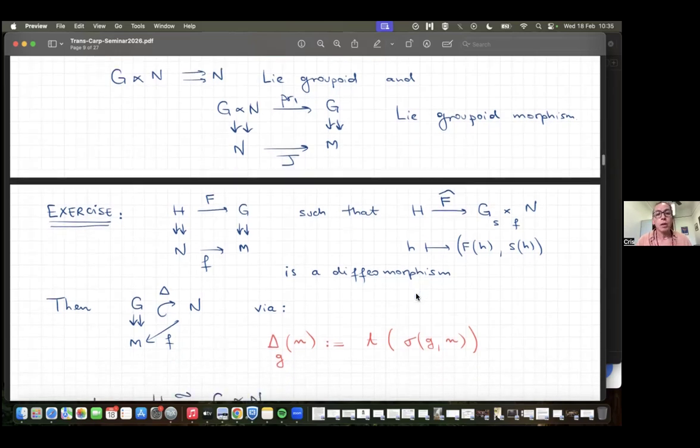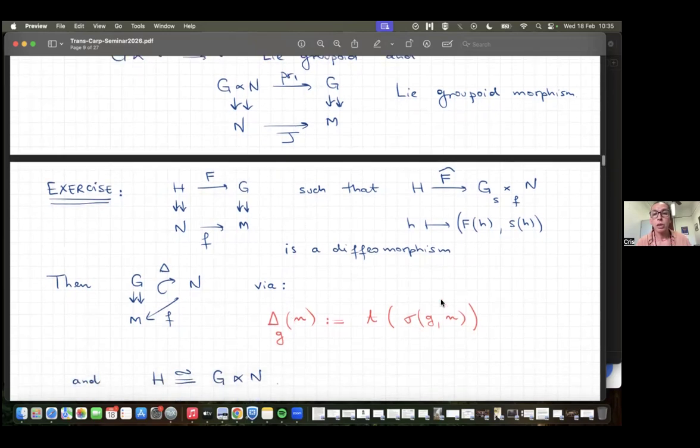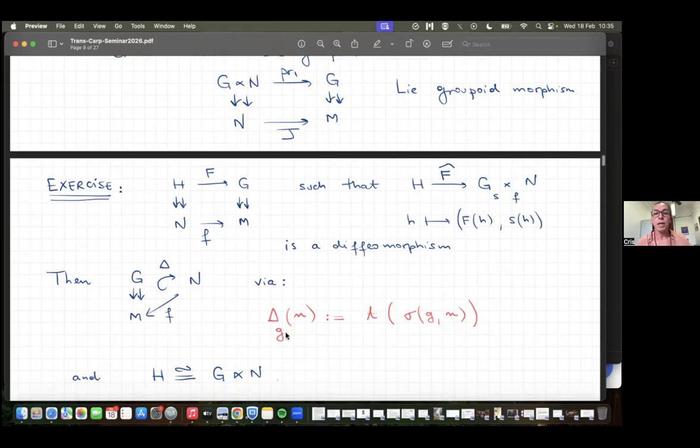then one has an action of G on N along this map little f defined as follows. So you take the inverse of f hat, I'll call it sigma. So sigma of g and n will be an element in H, and then you apply the target map of H. So this will define an action of G on N along little f.